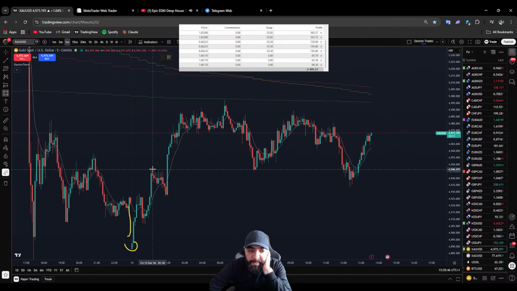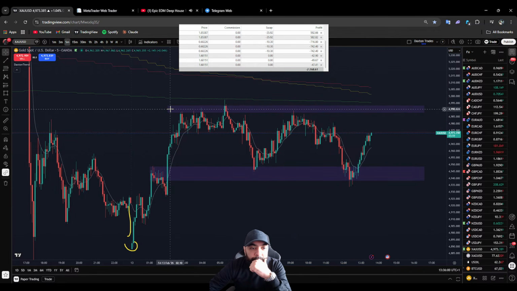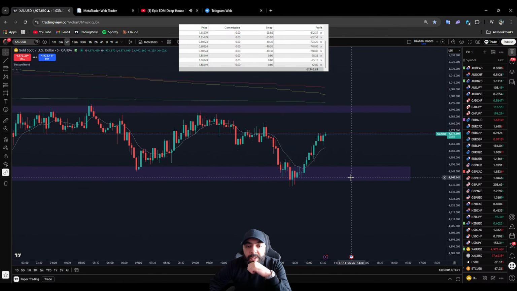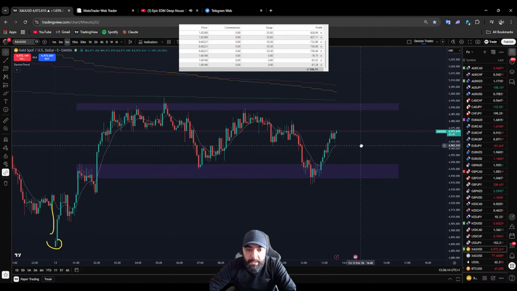We have exactly this zone here for support, and this zone, I believe, for resistance. I was looking into an entry right here, but the price didn't come to the EMA, so I didn't enter.